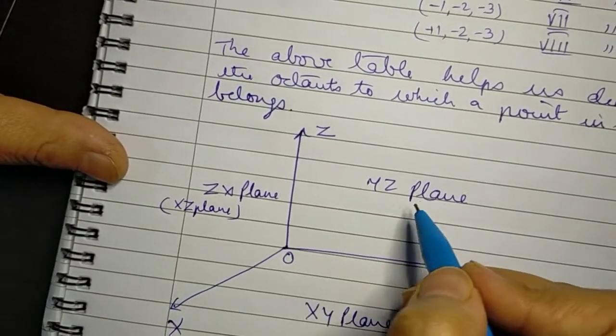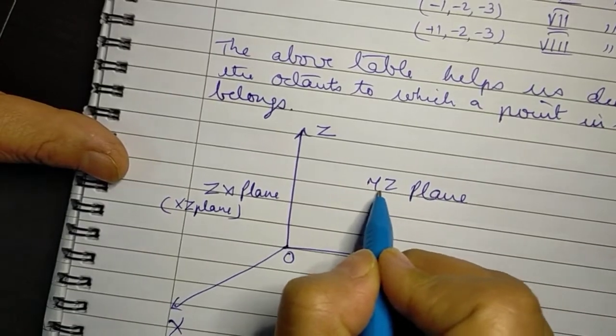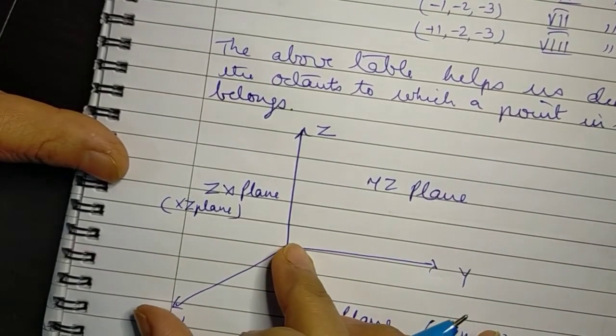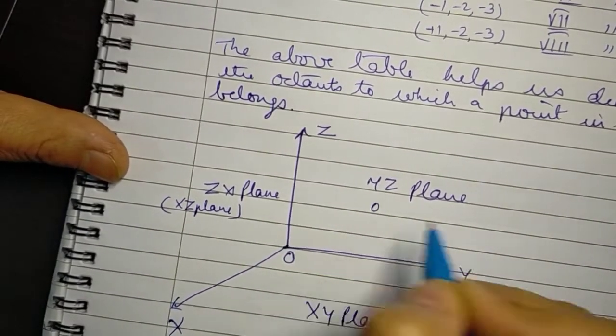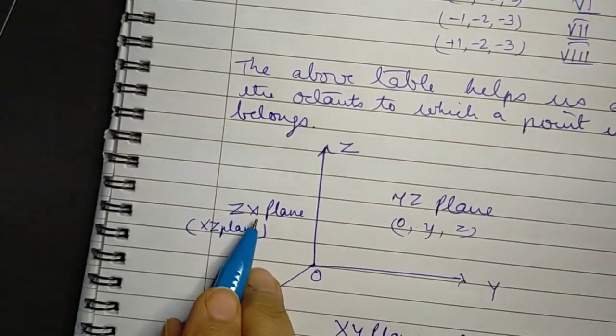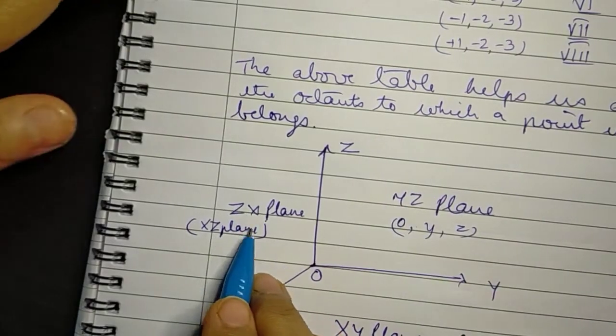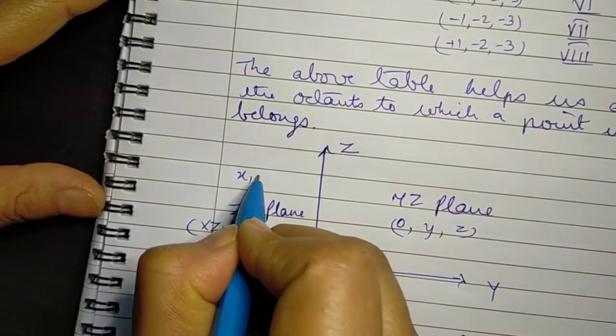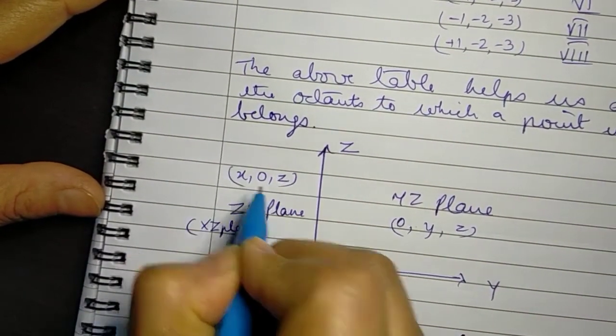Any point lying on the yz plane has no x coordinate, so it is of the kind 0, y, z. Any point lying on the zx plane doesn't have the y coordinate, so it is of the kind x, 0, z.